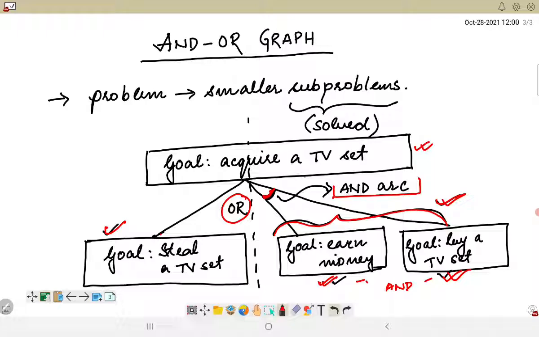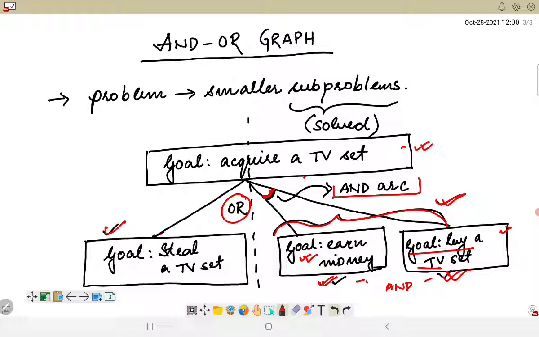That means if I have this particular node and from here I am generating the successor as buy a TV, if I am able to solve this particular node, it will not sufficiently solve my initial goal, which was to acquire a TV, without solving the other part of the AND arc.